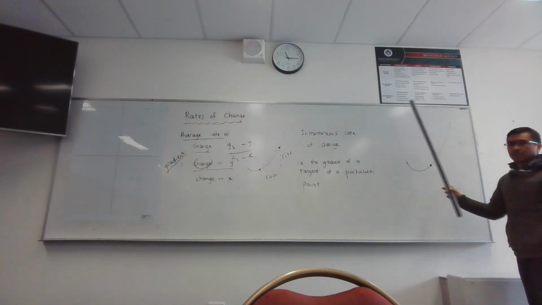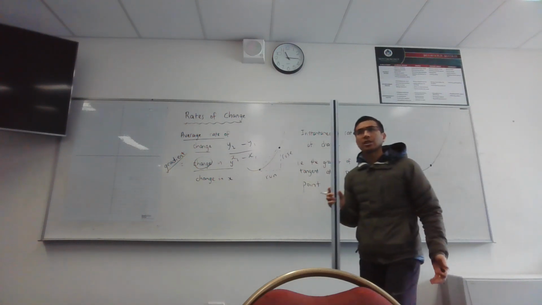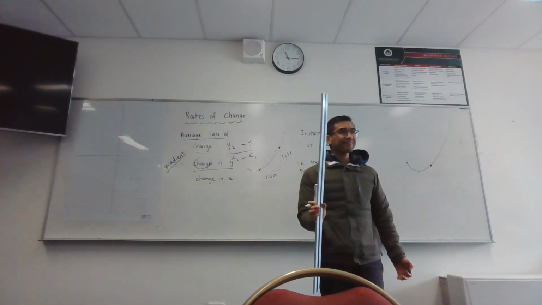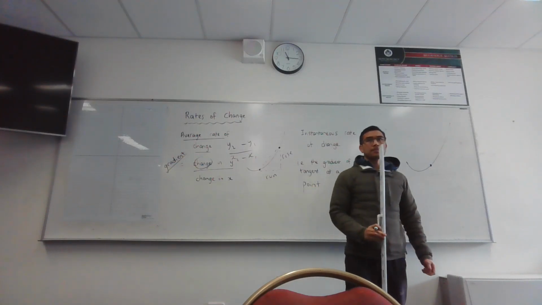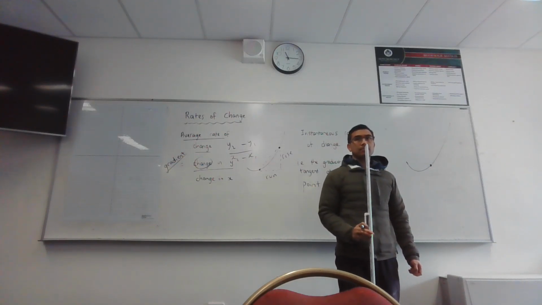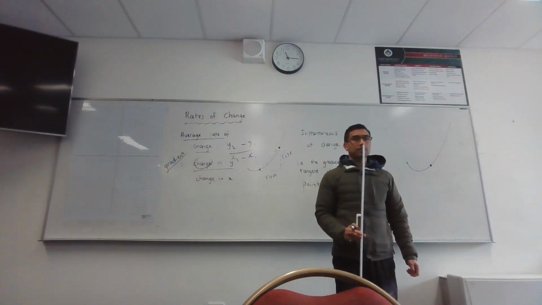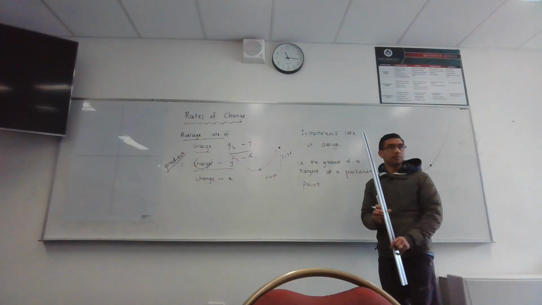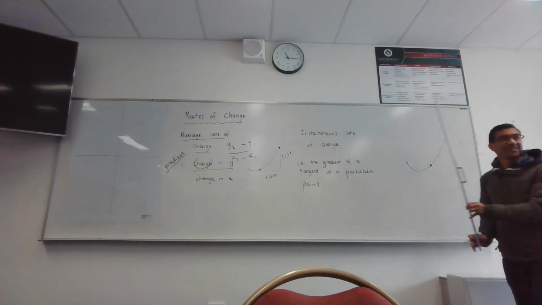So does anyone know what a tangent, the real definition of a tangent, can anyone explain what that means? You can just search it up if you want. Yes, Tim, what does it say?